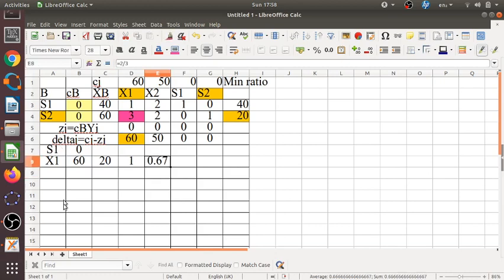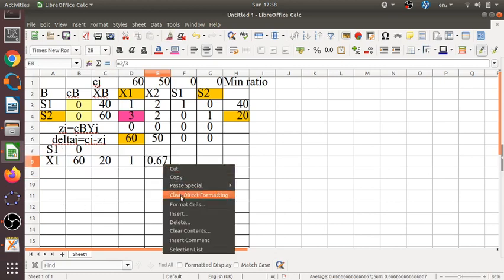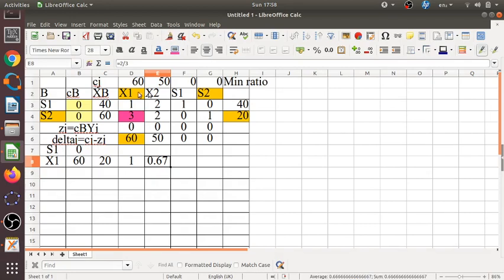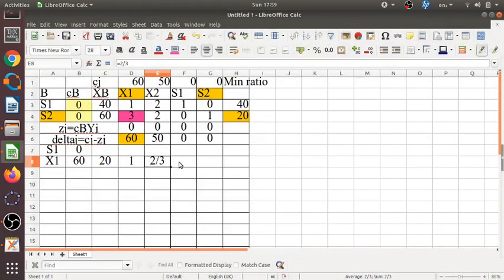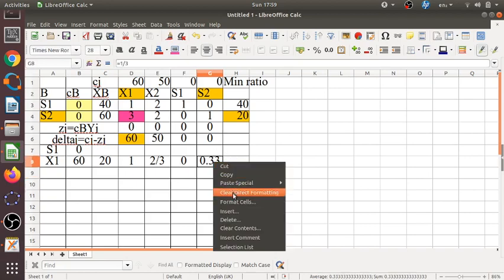We will not write 0.67, we will write it as a fraction. No need to use a calculator, do these things manually. Then 0, and this is equal to 1 by 3, which we will also write as a fraction.